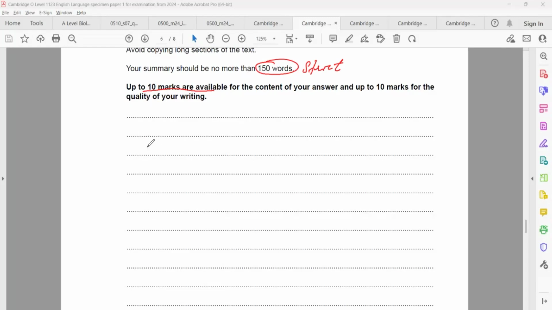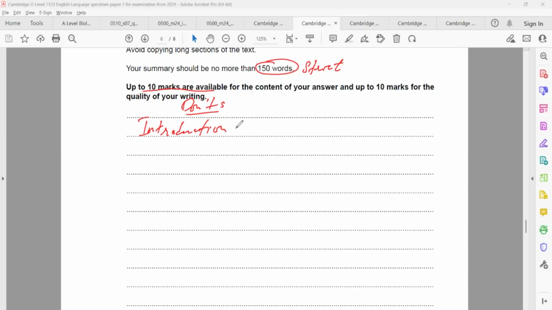So the things you don't want to do is give an introduction. So these are some don'ts. Again, we're not doing the summary right now, but what you don't want to do is give an introduction, like: this began on that day in that year when so-and-so event took place.